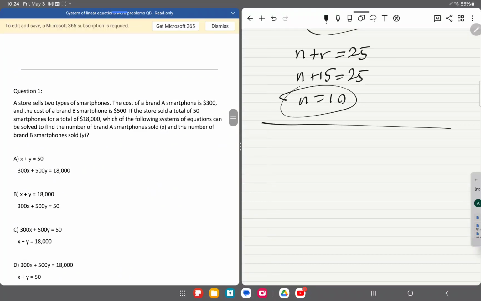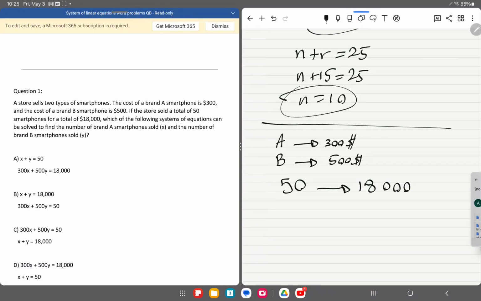Now here, question 1. The store sells 2 types of smartphones. The cost of a brand A smartphone is $300, and the cost of brand B is $500. If the store sold a total of 50 smartphones for a total of $18,000, which of the following systems of equations can be solved to find the number of brand A smartphones sold, X, and the number of brand B?